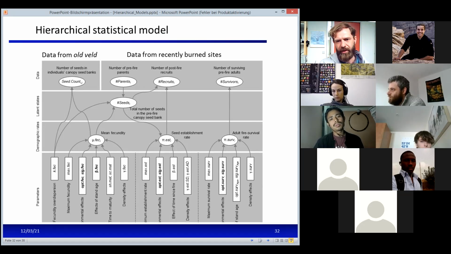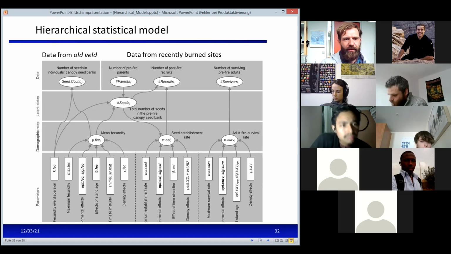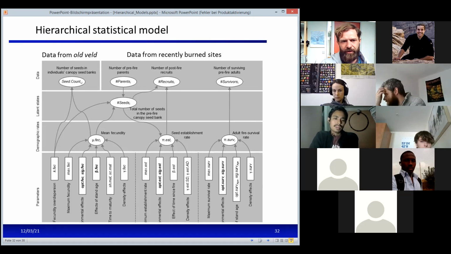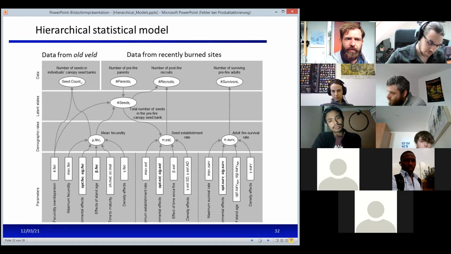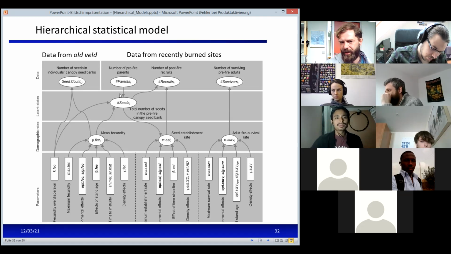So this ratio between pre-fire adults and post-fire recruits depends both on how many seeds the adults had produced before the fire, and then how successfully these seeds established after the fire. And since the basic approach of the study was to get this data by single visits to each population, for those sites that we visited just after fire, we don't know how many seeds the adults had produced before the fire.